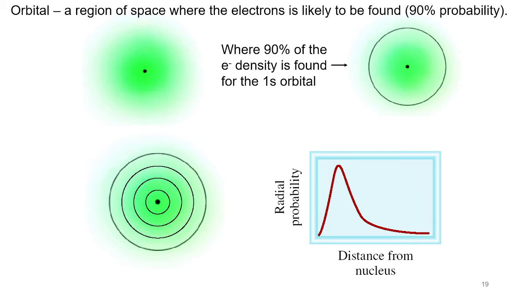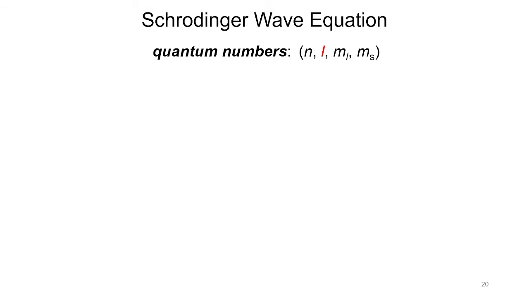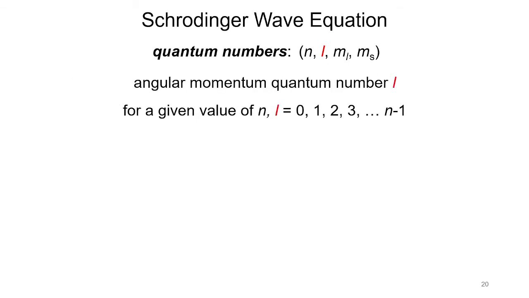So the next quantum number is the L, the angular momentum quantum number. For a given value of n, there are angular momentum quantum numbers from 0 to n minus 1.